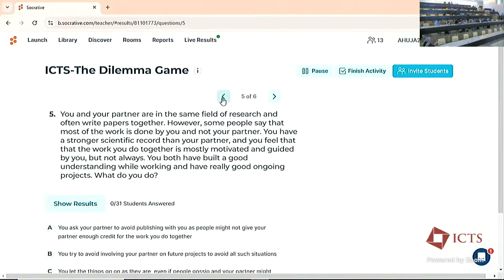Okay, so the 5th one: you and your partner are in the same field of research and often write papers together. However, some people say that most of the work is done by you and not your partner. You have a stronger scientific record than your partner, and you feel that the work you do together is mostly motivated and guided by you, but not always. You both have built a good understanding while working and have really good ongoing projects. What do you do?